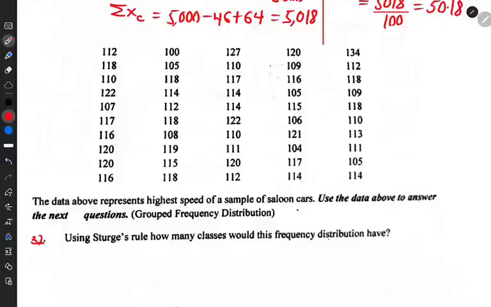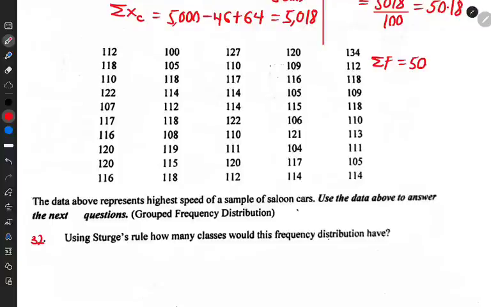So each column consists of 10 data. Let's see the rows: 1, 2, 3, 4, 5. So the rows are 5. So 10 by 5, we get a frequency of 50. So our summation f should be equal to 50. Let's take note of that.